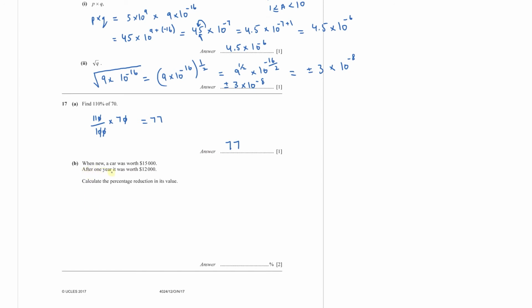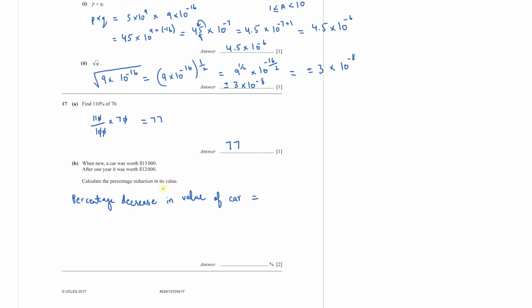Part B is when new, a car was worth $15,000. After 1 year, it was worth $12,000. Calculate the percentage reduction in its value. So you have to find the percentage decrease in value of the car.